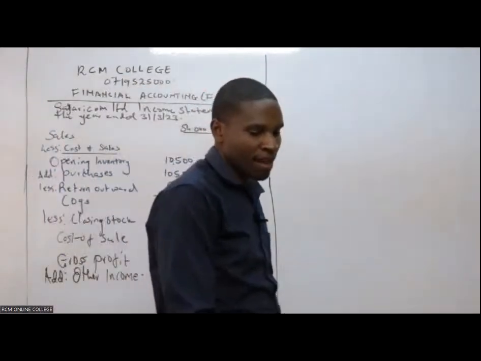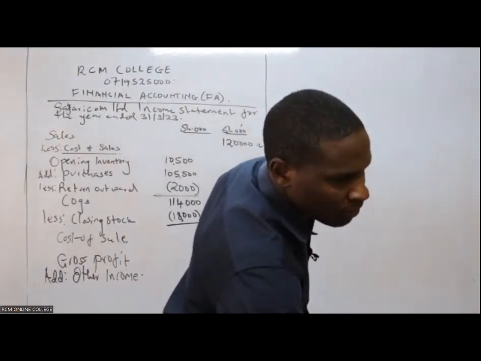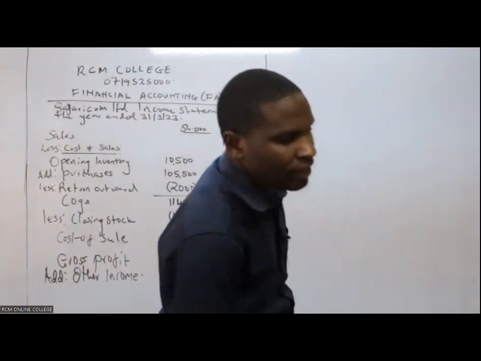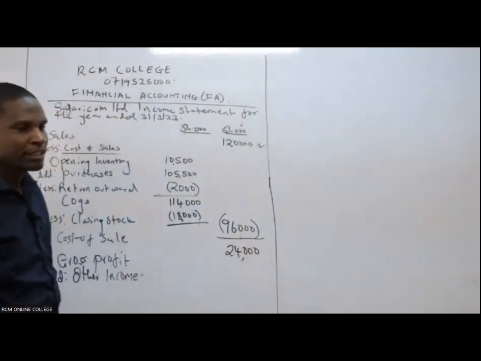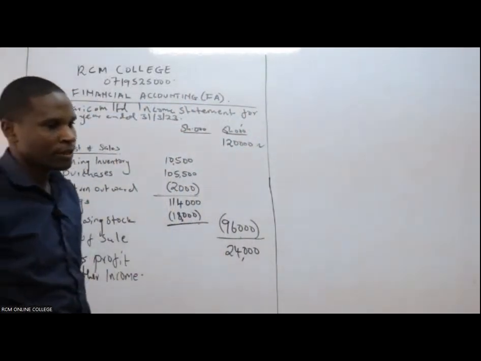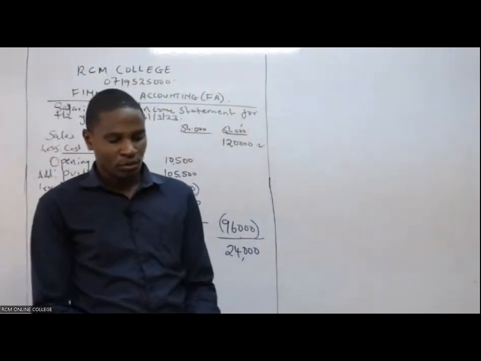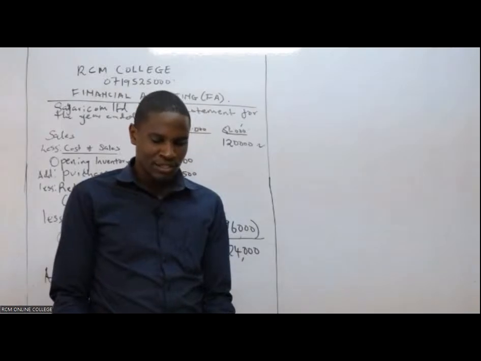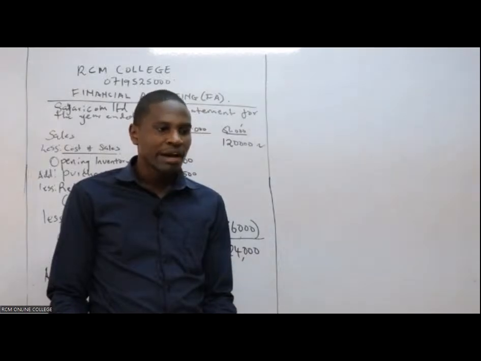Do we have other income? Can you check from the question? Do we have discount received, and how much is it? If I look at my question, I can clearly see that we had discount received and discount allowed.